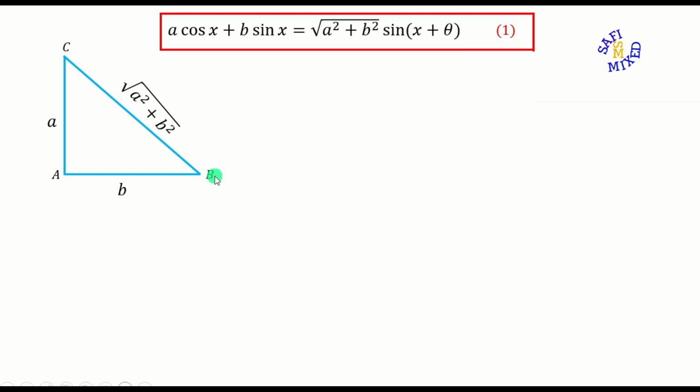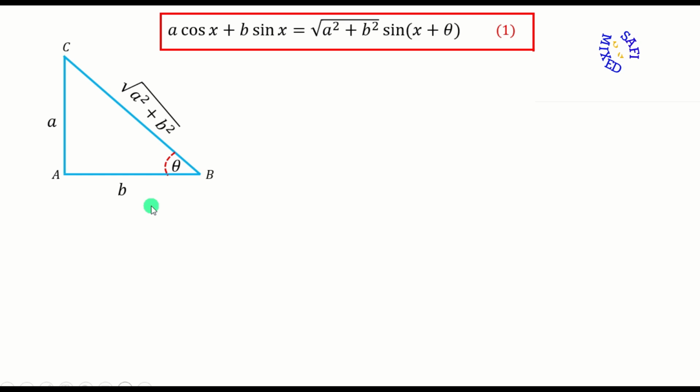Next, I represent the angle at vertex B with theta. Now, with theta given at vertex B, the side AB becomes the base of this triangle, AC the perpendicular, and BC obviously is the hypotenuse.